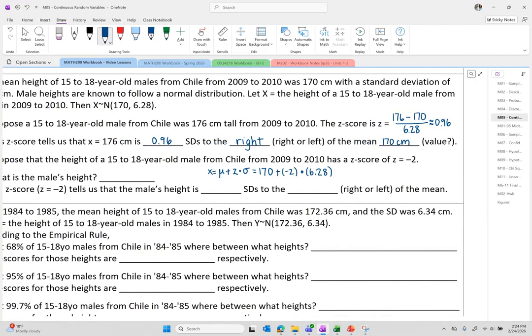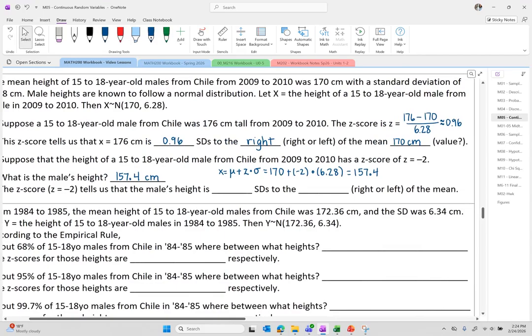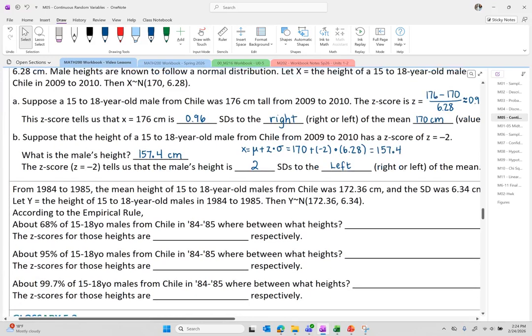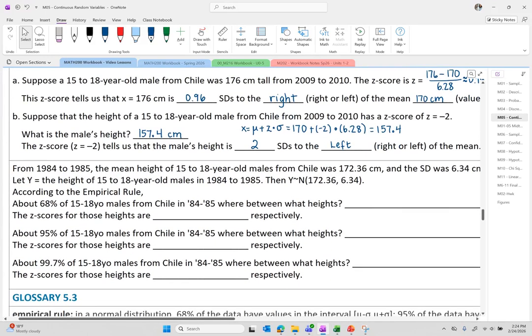So x will equal 157.4. So the answer is 157.4 centimeters. The z-score of -2 tells us that the male's height is 2 standard deviations to the left of the mean because it is below the value of the mean. Negative is a direction on the axis to the left. Positive is a direction on the axis to the right.